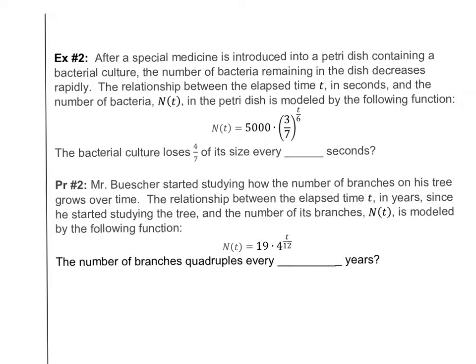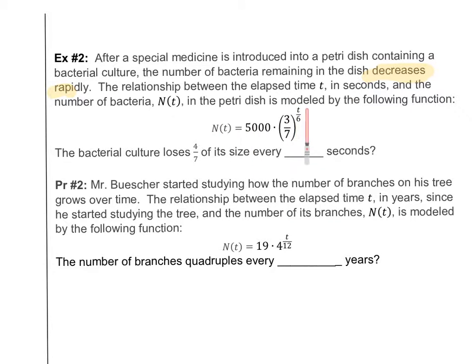All right, so let's look at example number 2 here. It says, after a special medicine is introduced into a petri dish containing a bacterial culture, the number of bacteria remaining in the dish decreases rapidly. That sounds important, decreases. The relationship between the elapsed time t in seconds and the number of bacteria N of t in the petri dish is modeled by the following function.